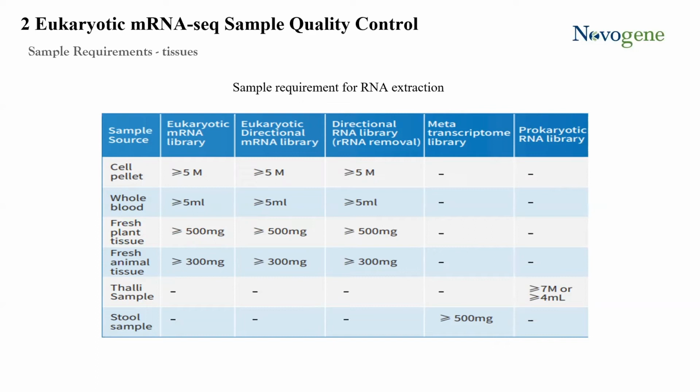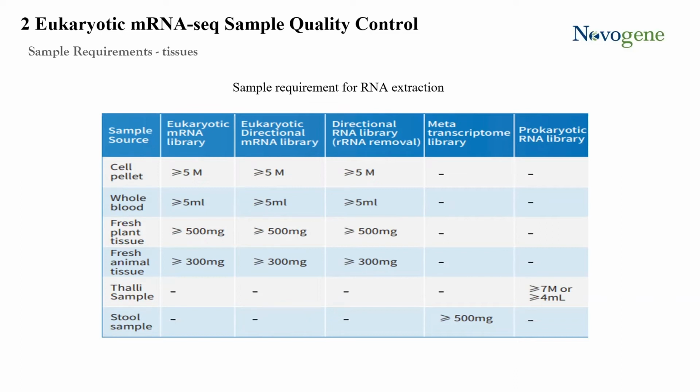For whole blood samples, we recommend submitting greater than or equal to 5 ml across all 3 library types: the non-directional mRNA library, the directional eukaryotic mRNA library, and the ribosomal depletion approach.